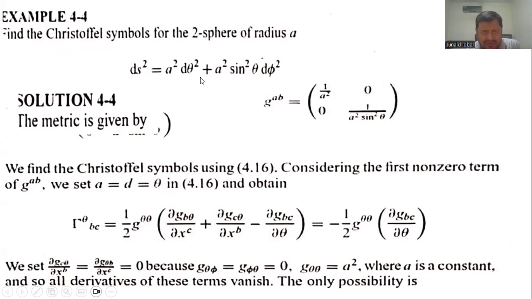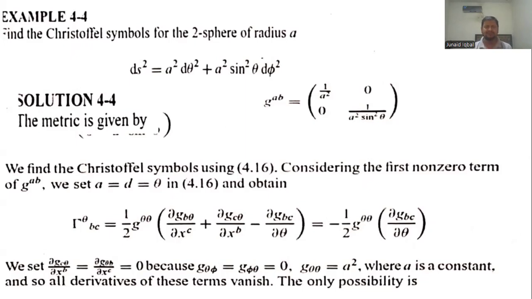So this is an orthogonal metric. Therefore, g^theta theta will be equal to 1 upon a squared, and similarly g^phi phi will be equal to 1 upon a squared sine squared theta. And g_theta phi and g^theta phi are also equal to 0.